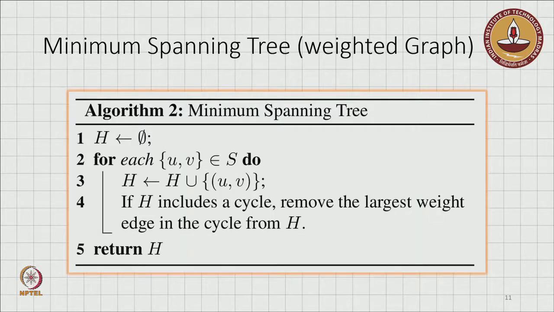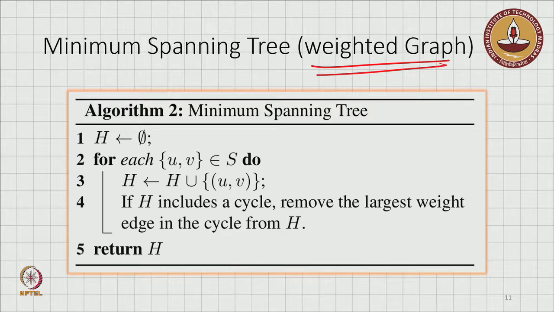Okay. Now let's look at a weighted graph, so now we're looking at a weighted graph, and we want to compute, let's say, the minimum spanning tree. How do we do that? Well, this again is a very simple algorithm.